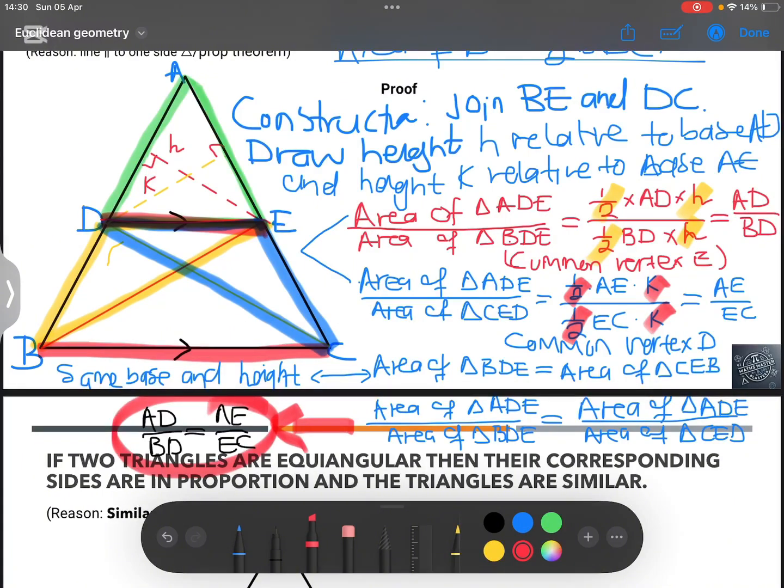This is the final answer, our final proof. Then it is true that if a line is drawn parallel to one side of a triangle, it divides the other two sides proportionally, because we can see that AD divided by BD is equal to AE divided by EC.